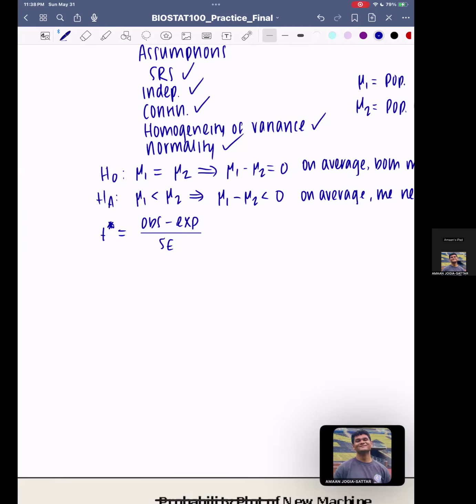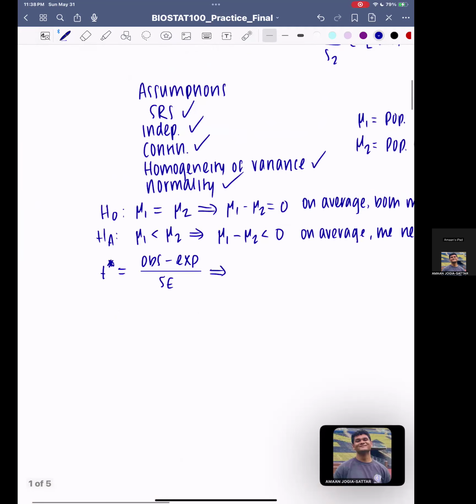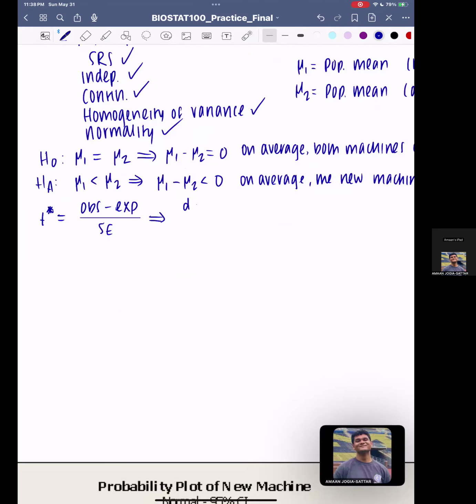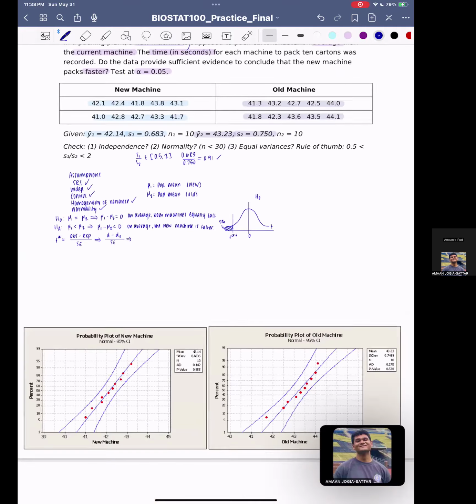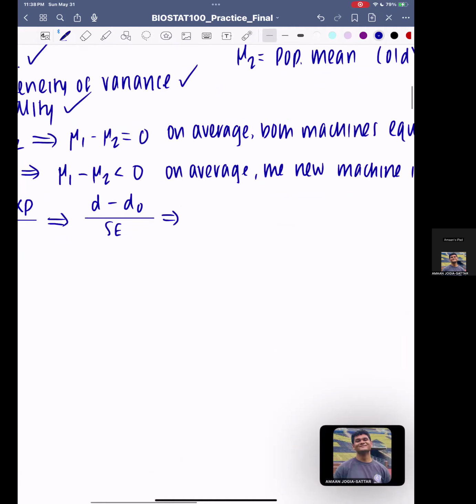We can make this way more specific. So in our case, we reformulated our hypotheses right here to deal with differences. So I'm going to call differences D. So we have D, our observed difference, minus D under the null, which should be this 0 value right here. And I'm going to divide that by a standard error. Let's make it even more specific. What do we observe here? Well, we observe the difference between sample means.